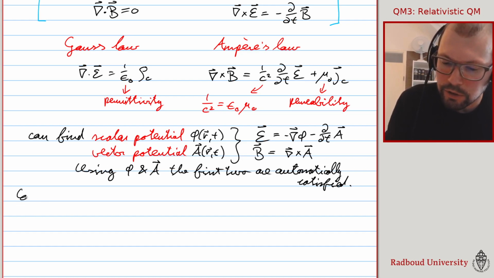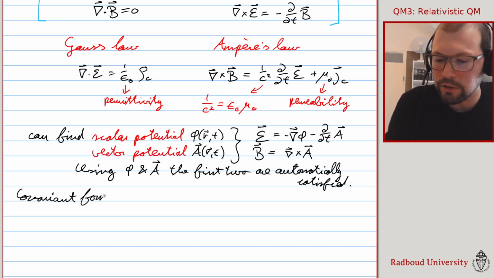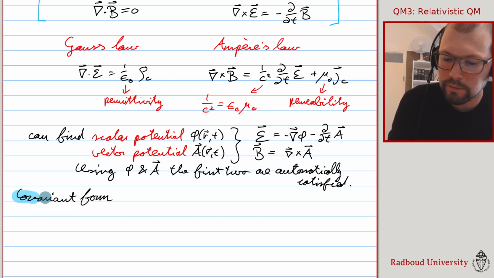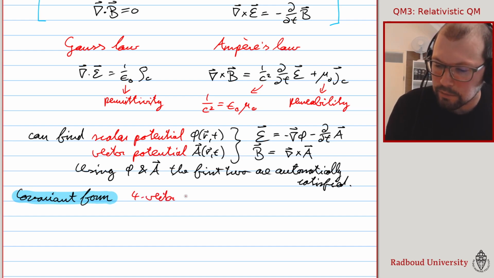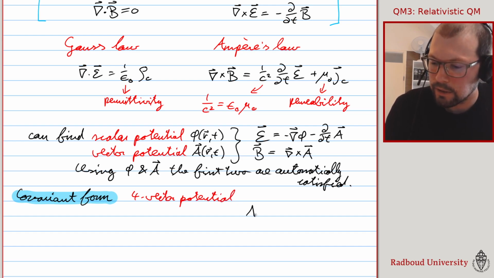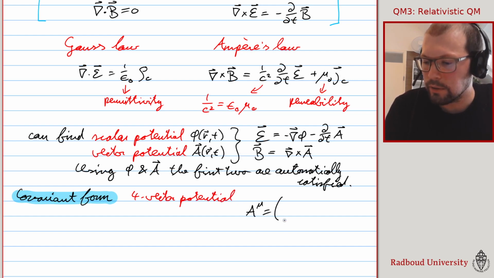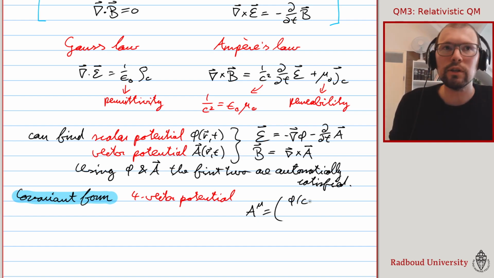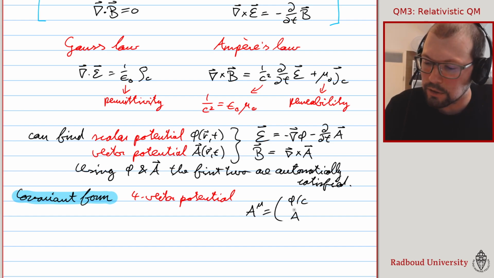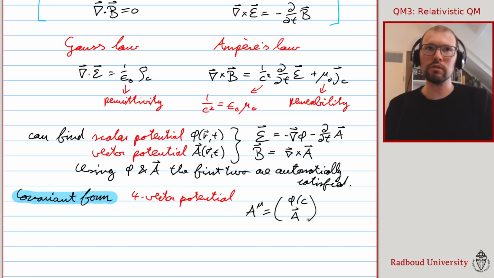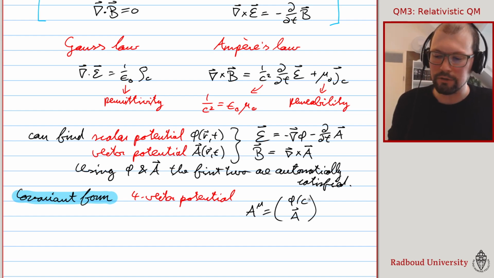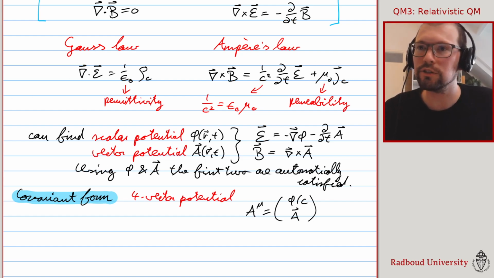In order to find a covariant form for Maxwell's equations, we're going to look at the four-vector potential A mu, where the time component is really the scalar potential, and the spatial components are the vector potential. And we have put a speed of light there to make the units agree.